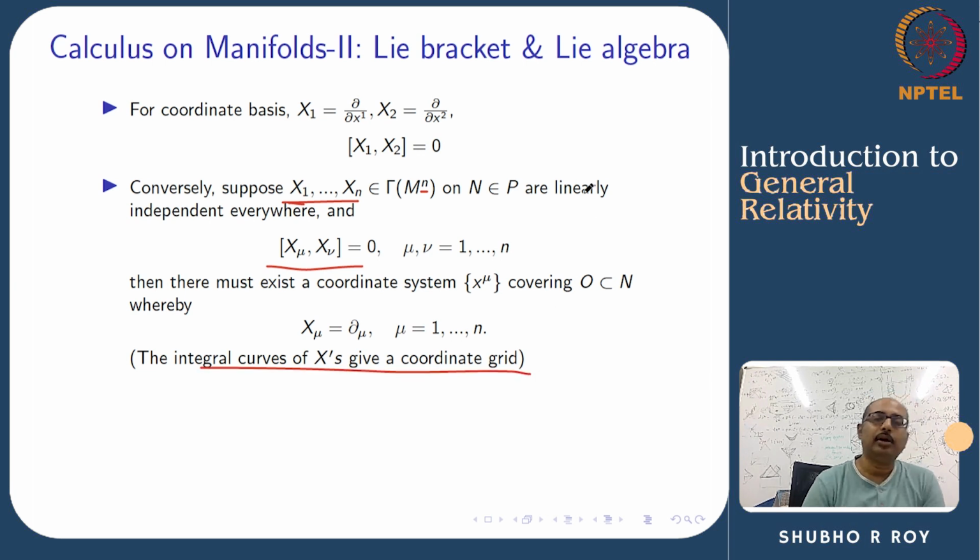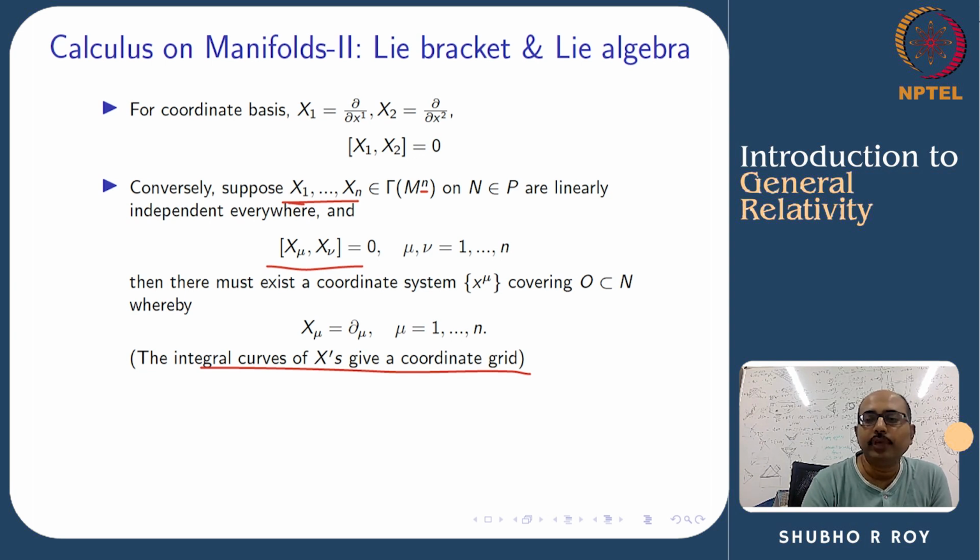This is a result of physical importance. Given a manifold, how can we set up a coordinate grid? One way is if you are able to find n smooth vector fields which are linearly independent and the Lie bracket is 0, they commute with each other, then their integral curves will give you a coordinate mesh or a coordinate grid. This is a theorem which is of importance.